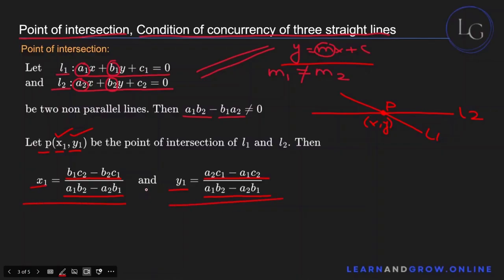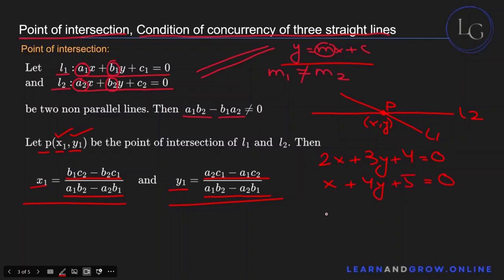And just to make it very clear how you can use the y is equal to mx plus c form, for example, let's say that you have this equation 2x plus 3y plus 4 is equal to 0, and you have another line. Let's say the equation is x plus 4y plus 5 is equal to 0.